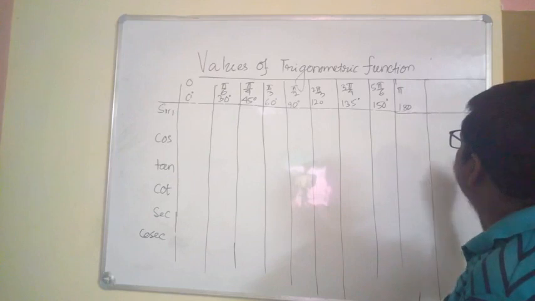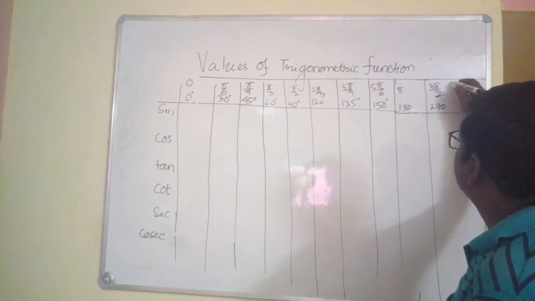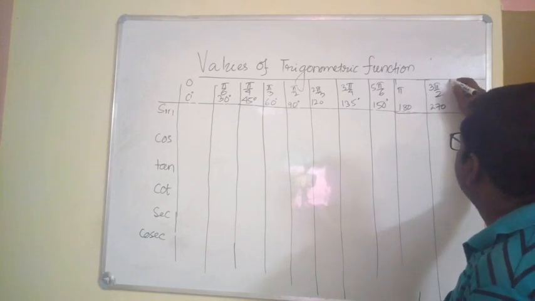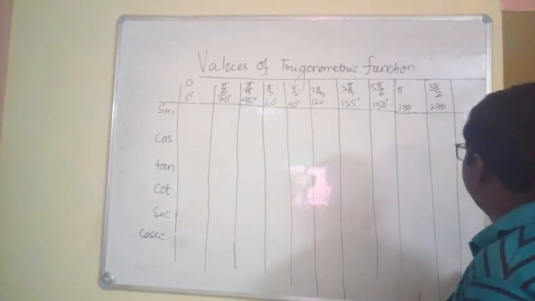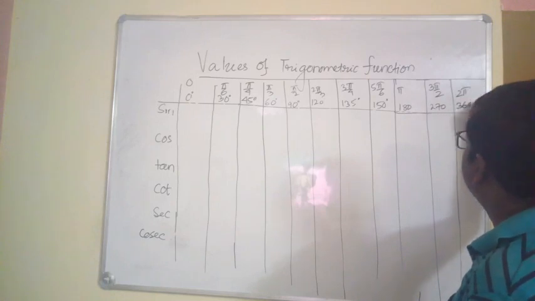Then 270 degree or 3 pi by 2 radian. Then suppose 2 pi means 360 degree.